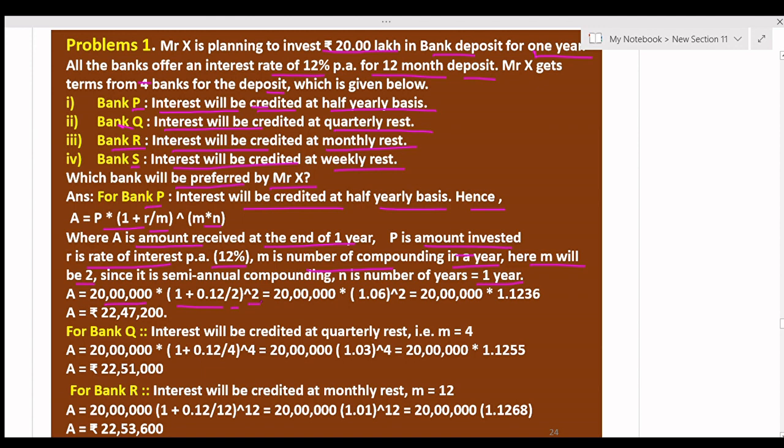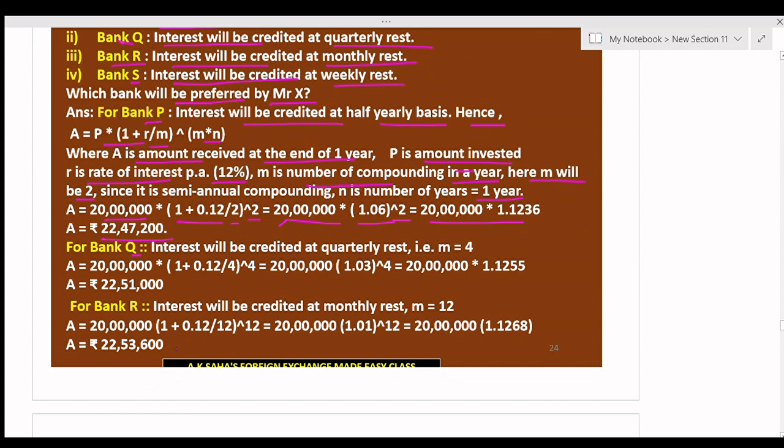If it is 3 here, then to the power 2 into 3. Now 20 lakhs into 1.06 to the power 2 is equal to rupees 22 lakhs 47,200.